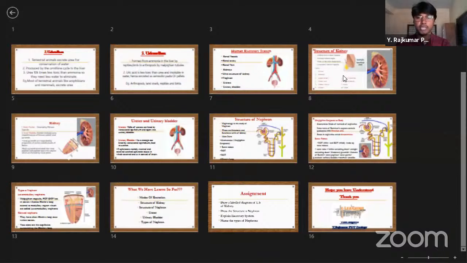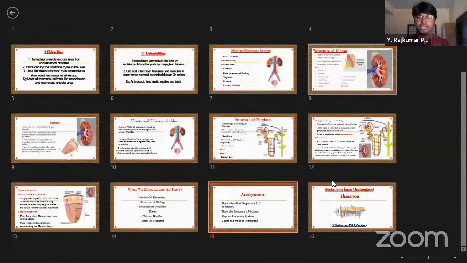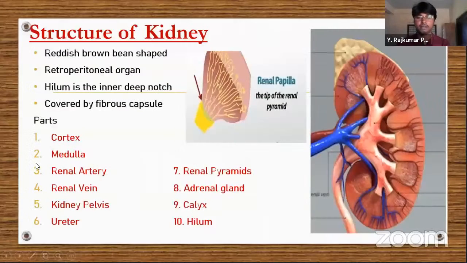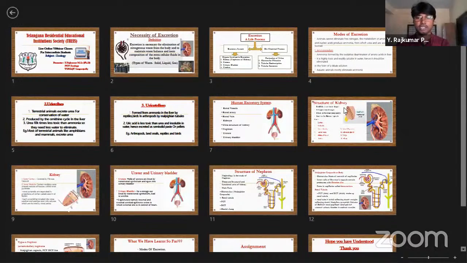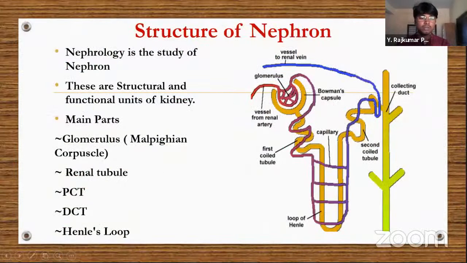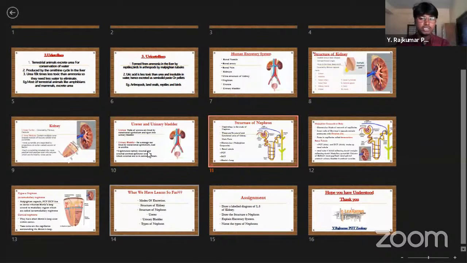Let me show you again. This is the structure of kidney, which we have studied. You have to draw this diagram and label the parts. And here is the structure of nephron. You need to draw this diagram. You can pause the video and draw the diagram whenever you are watching it.